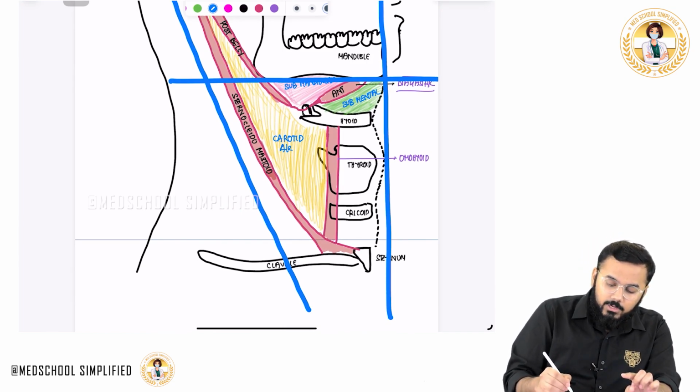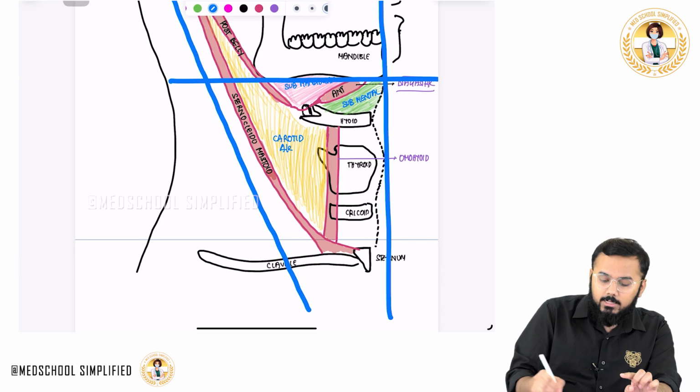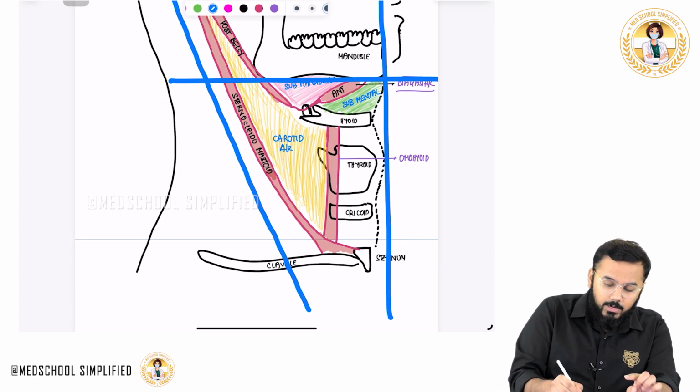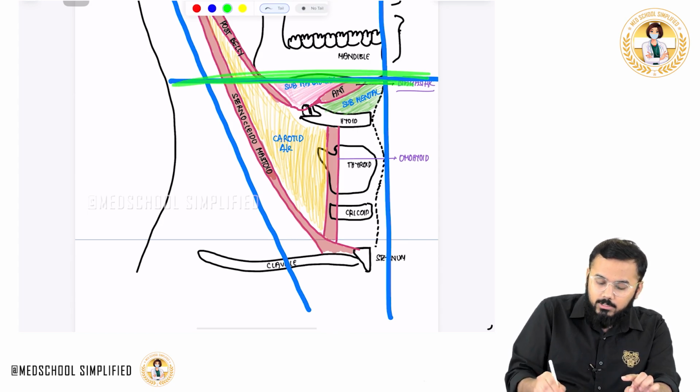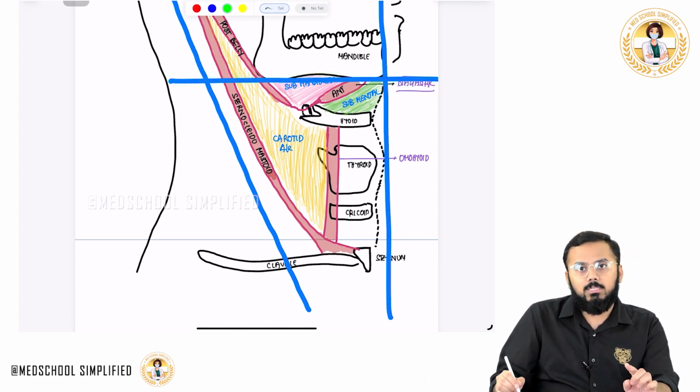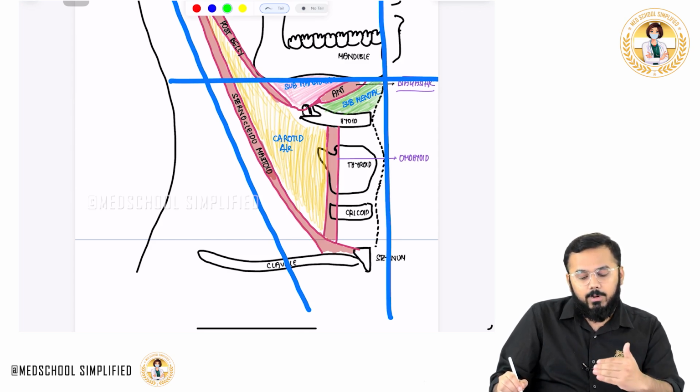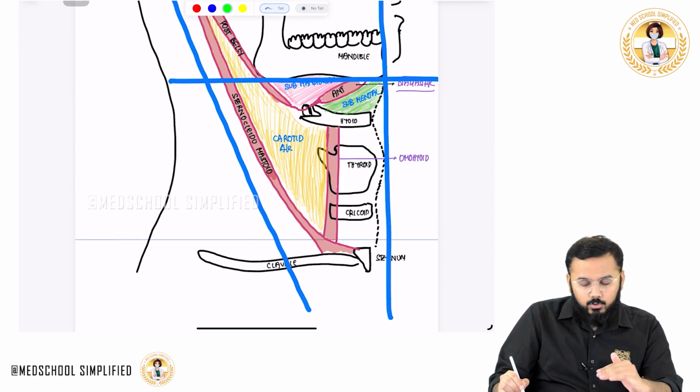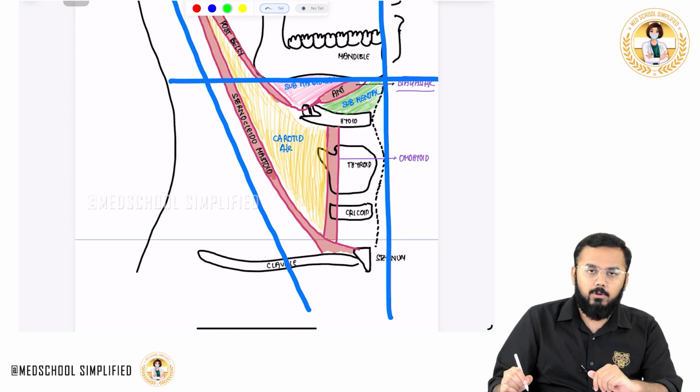Look here, the first thing is the superior border. Superior border is having what? The mandible. Which part of the mandible? The upper surface or the lower surface? The inferior border of the mandible. Okay. Now the superior border is having the inferior surface of your mandible.